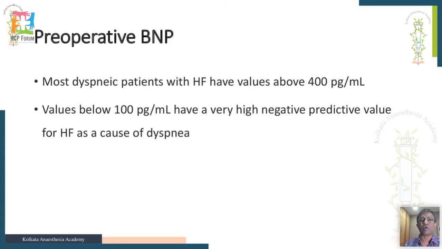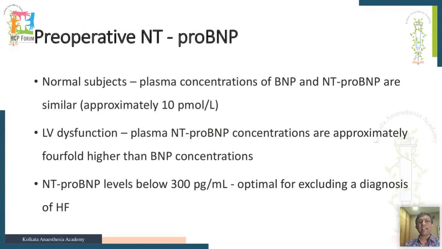A level of less than 100 has a very high negative predictive value, meaning heart failure is not the cause of dyspnea, and you have to look for other causes. In normal subjects, NT-proBNP and BNP are nearly the same. If there is LV dysfunction, the NT-proBNP is approximately fourfold higher than the BNP, and an NT-proBNP below 300 is, just like 100 for BNP, optimal for excluding a diagnosis of heart failure.